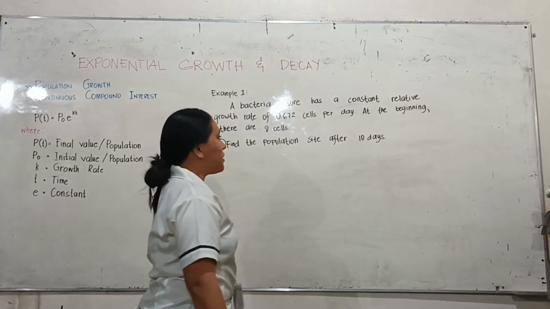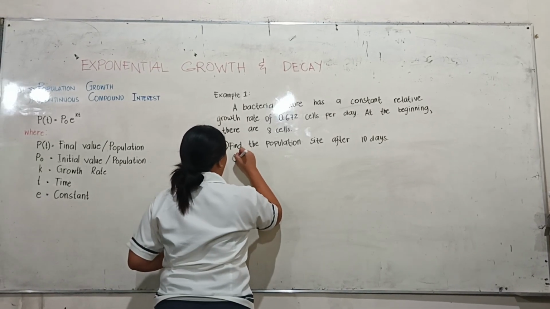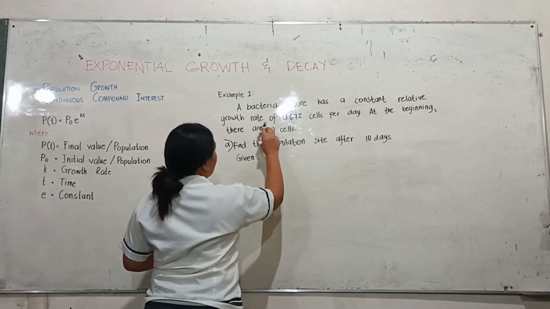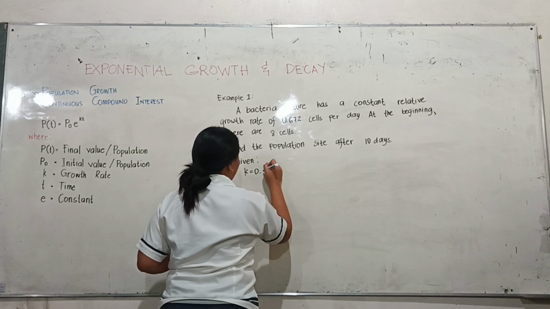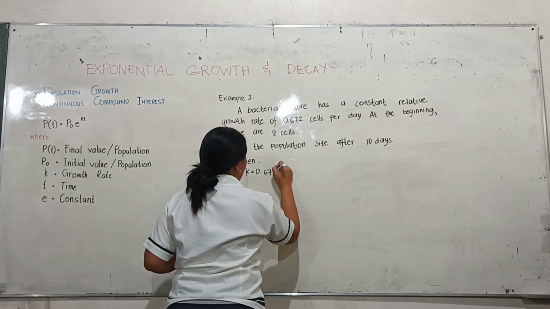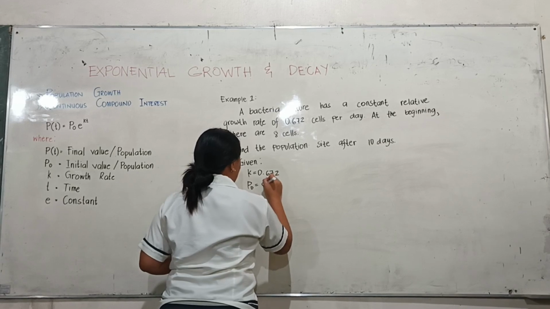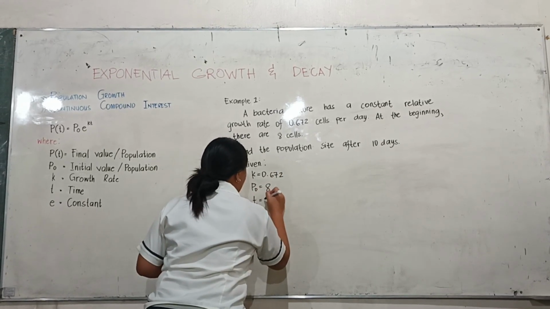The first thing we do is write down all the givens. We have the growth rate, which is 0.672, the initial value of 8, and the time is 10.